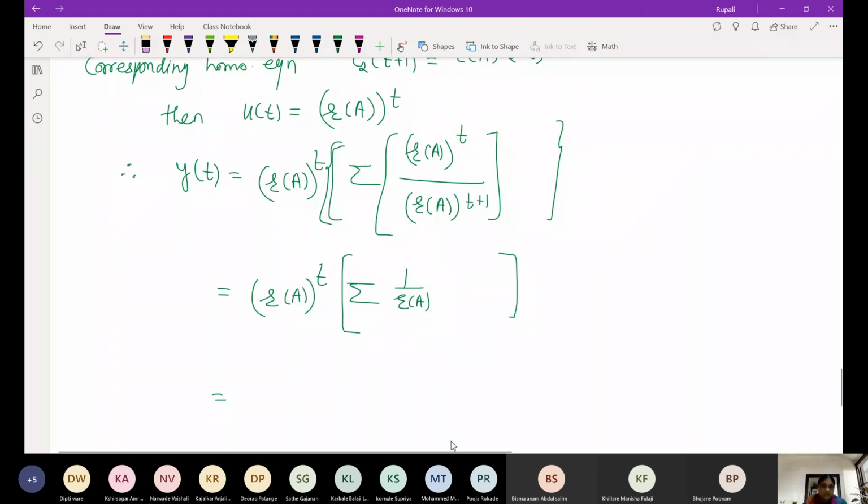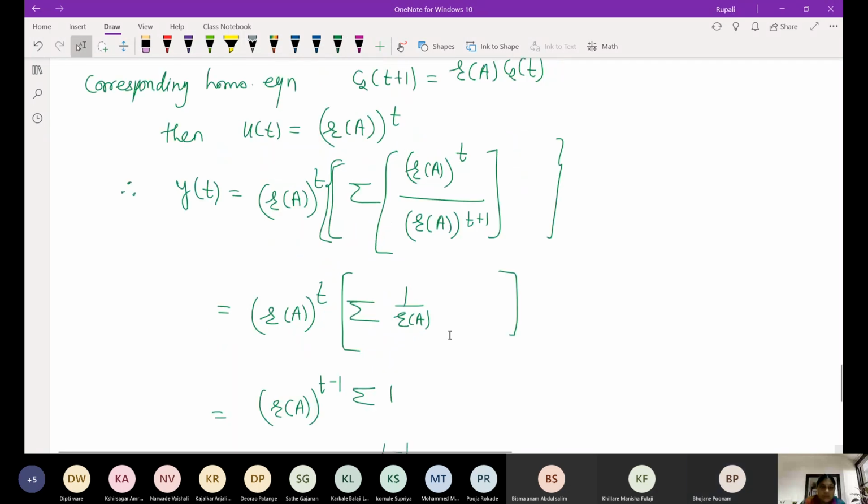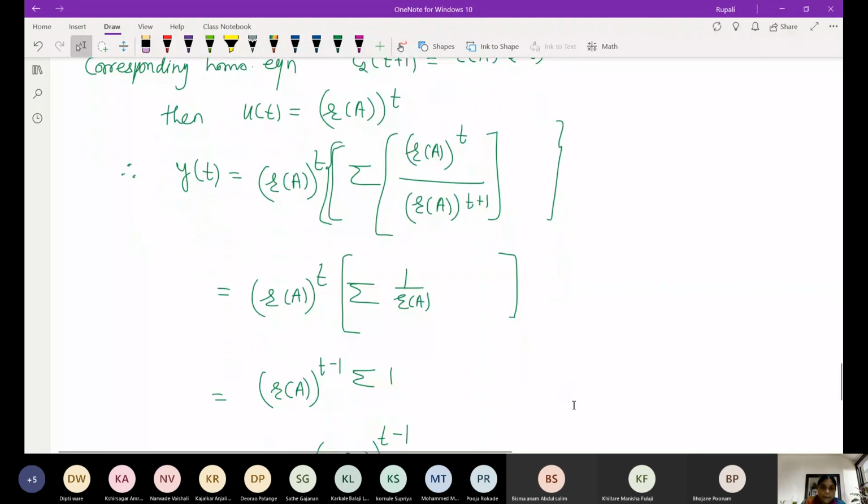And since R of A is constant, what will be this? R of A raised to t minus 1 summation 1. So what will be this? T times R of A raised to t minus 1. Is that okay? Yes, ma'am. C is 0. Is that okay?